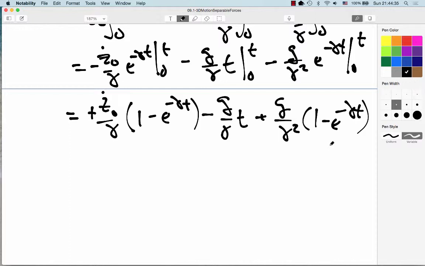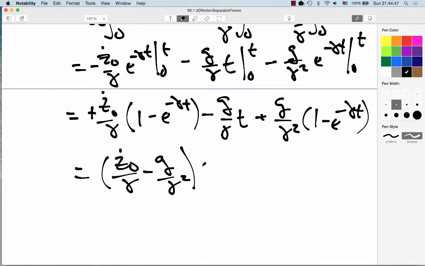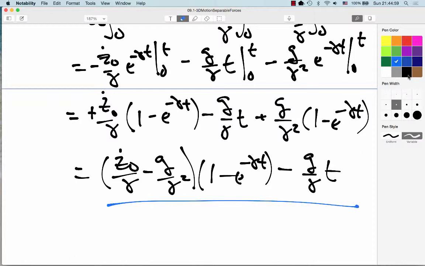We can clean this up just barely and get ourselves z naught dot over gamma minus g over gamma squared, 1 minus e to the minus gamma t, minus g over gamma t. So that is our solution for z.